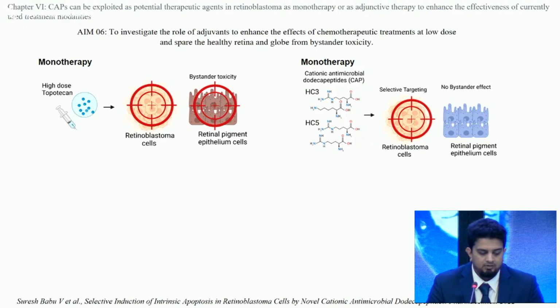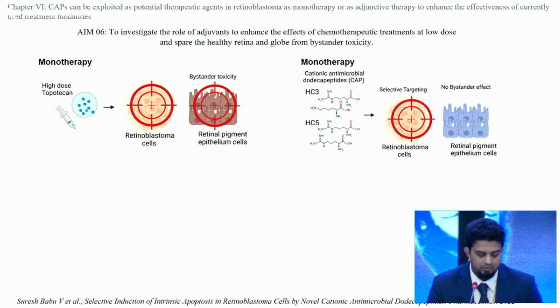So we have a class of small molecule peptides where, when we do a monotherapy in retinoblastoma cells, we find that they selectively target retinoblastoma cells based on their charges, and they spare retinal pigment cells.